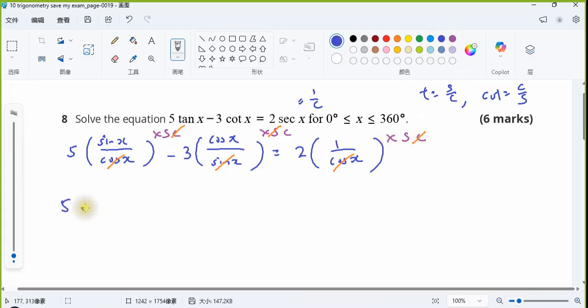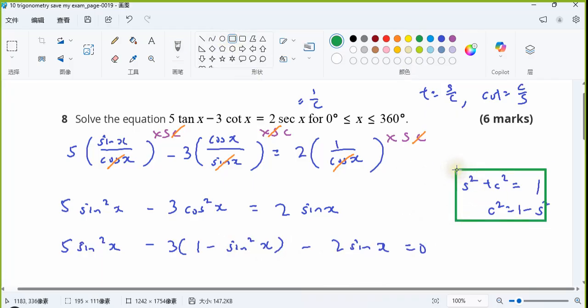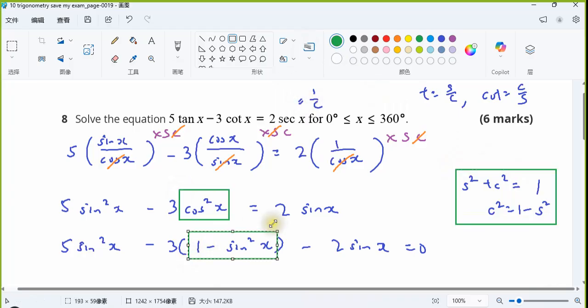Then we have 5 sine square x minus 3 cos square x equal to 2 sine x. So we want sine x. Sine square plus cos square equal to 1, so we don't want the cos here. So cos square is 1 minus sine square. So 5 sine square x minus 3 times 1 minus sine square x minus 2 sine x equal to 0.